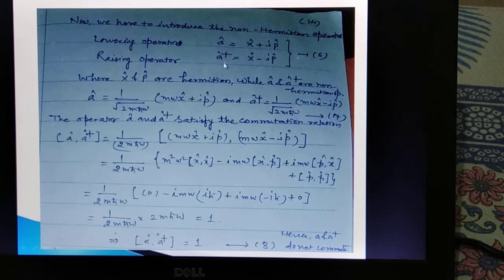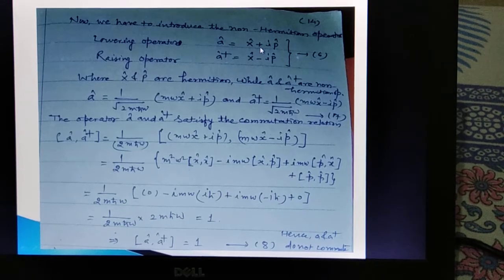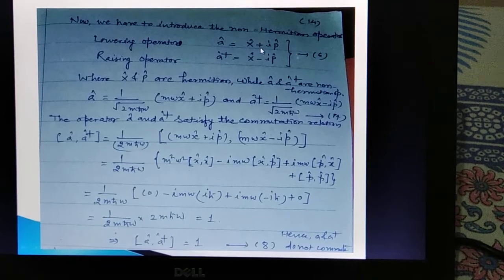You can check this from this equation, because if you take the dagger of A, then you have X minus iP, and so you can say A dagger is not equal to A, so these are non-Hermitian.